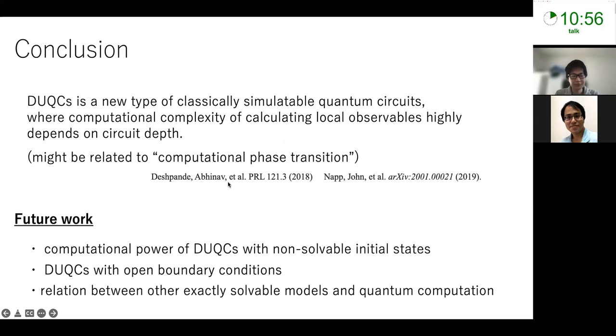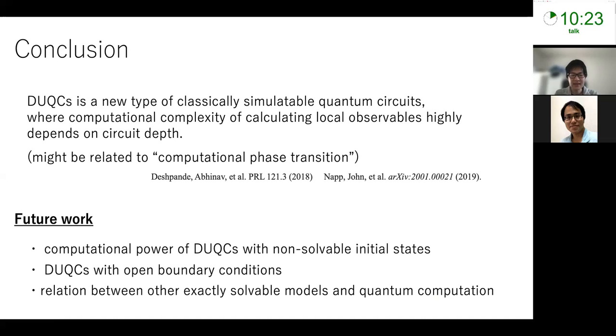And I think that there are many future directions. For example, we don't yet have research on the computational power of the dual unitary quantum circuit with non-solvable initial state. And I think this modification would be interesting because in critical circuit or matchgate, the modification of initial state makes a change to computational power.